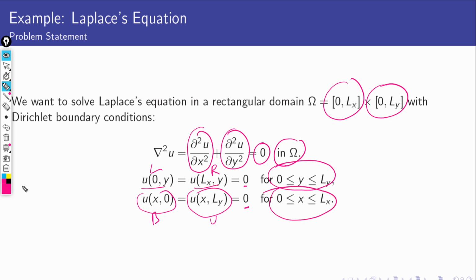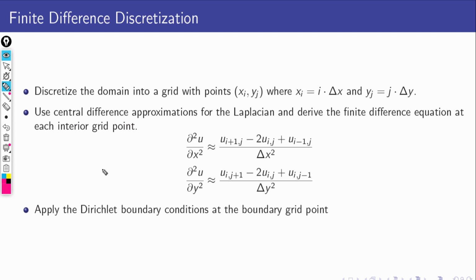Now to apply the finite difference method, we need to discretize the domain into the grid points xi, yj, where xi is equal to i times delta x and yj is equal to j times delta y. Use the central difference approximation for the Laplacian and derive the finite difference equation at each interior grid point.